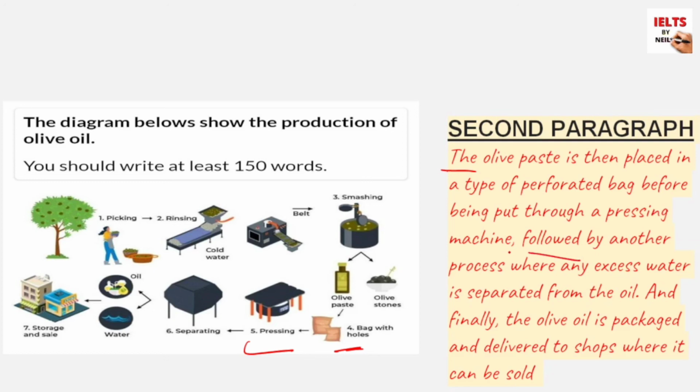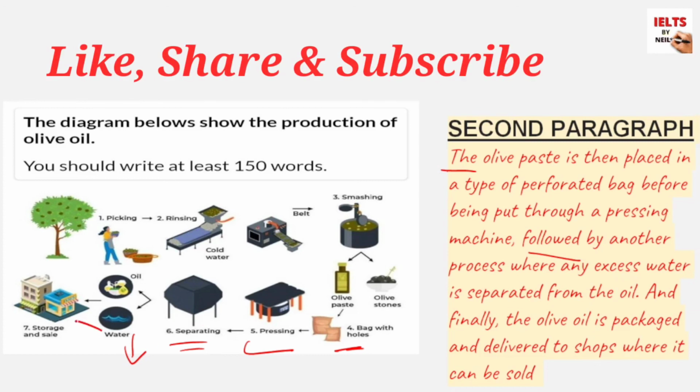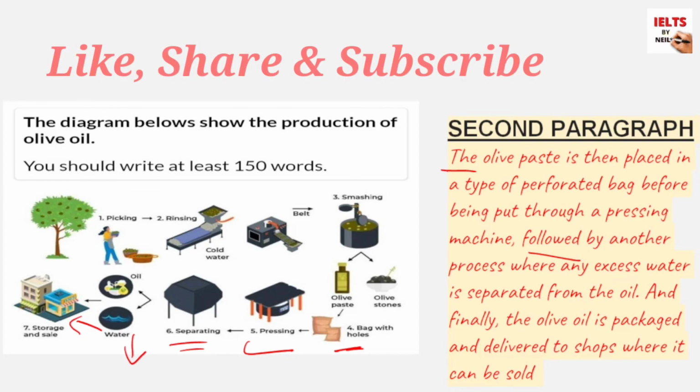See, another process where any excess water is separated. So separating, that is done. Excess water is here, and finally the olive oil is packaged and delivered to the shops where it can be sold. And this is the last point. So see, what I've done is I simply used the passive voice and the sequencer, and just written my process diagram.